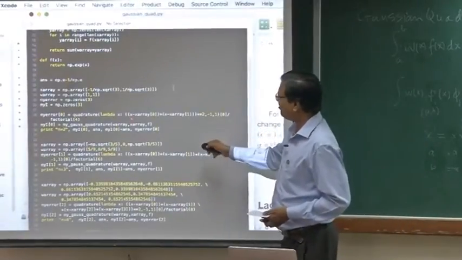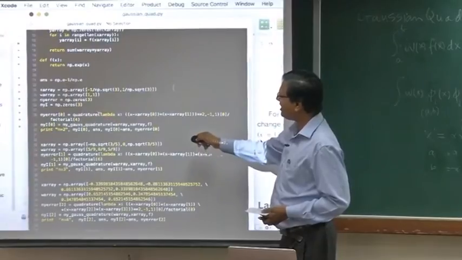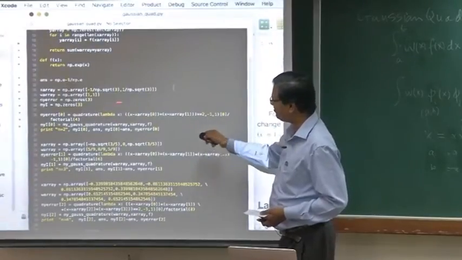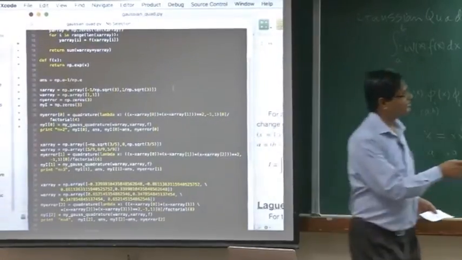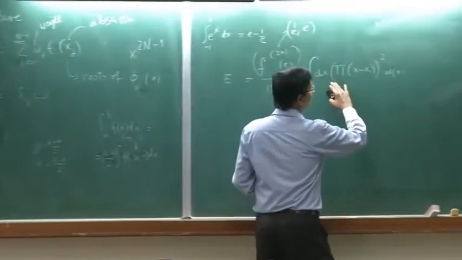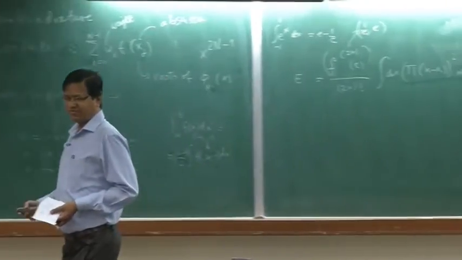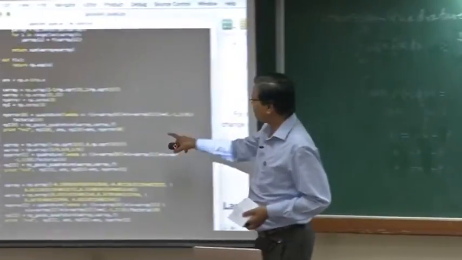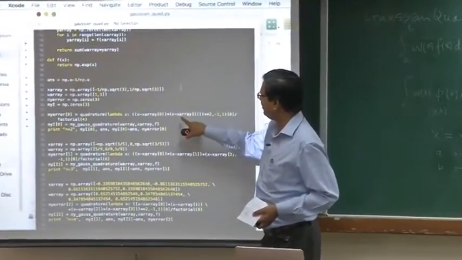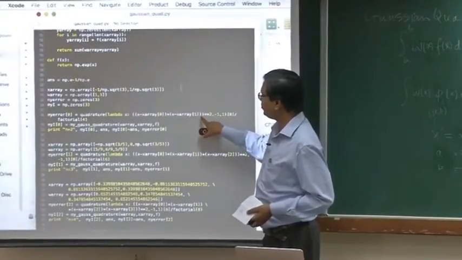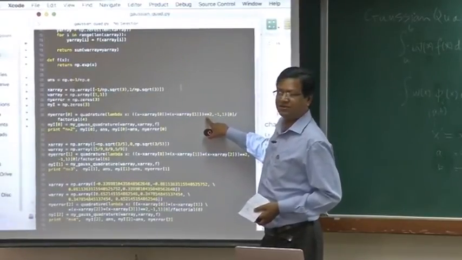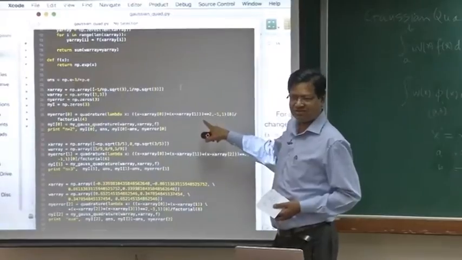So what is lambda function? I don't need to get the f function entered here, otherwise I have to write this function, all these guys, I have to write like this. So you can do it in one shot. So it is written here x minus x0, x minus x1 square. So is it clear what it is doing?